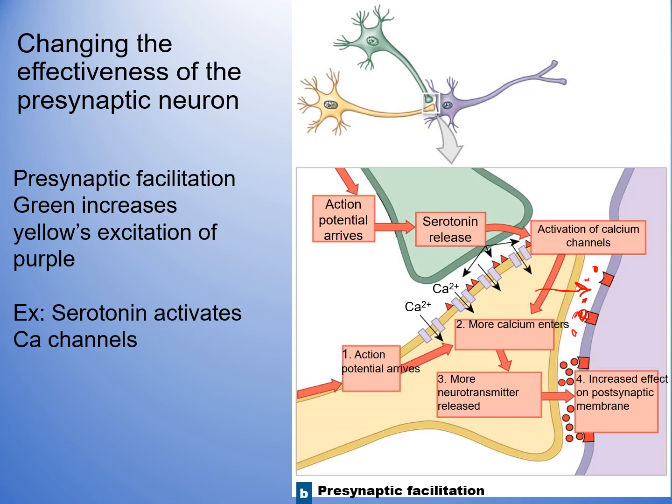So what green does in this situation is it releases serotonin. And serotonin does just the opposite of GABA. Serotonin makes it so these calcium channels are more likely to allow calcium in, or they allow more calcium in, which makes more exocytosis. And again, we're exciting the postsynaptic neuron more and more.